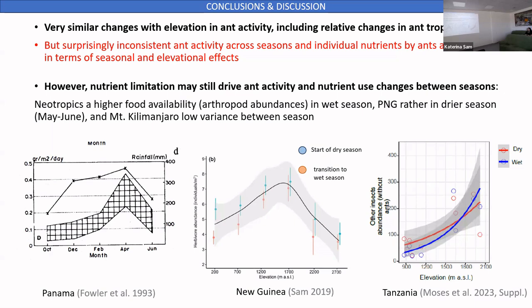So even though it's novel, it's very consistent, and that's good. But there is inconsistent activity across seasons and also inconsistent individual nutrient use by ants, which is probably partly explained by this seasonal variance.